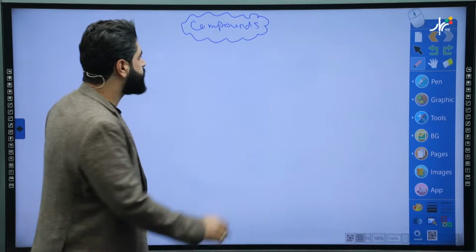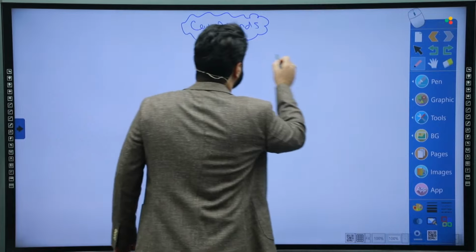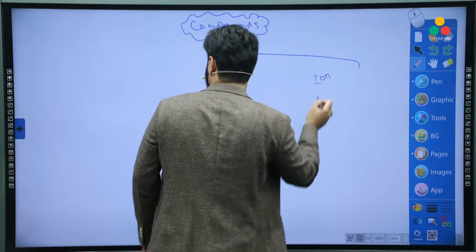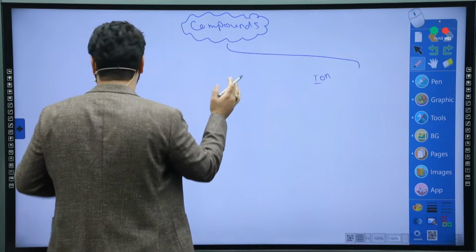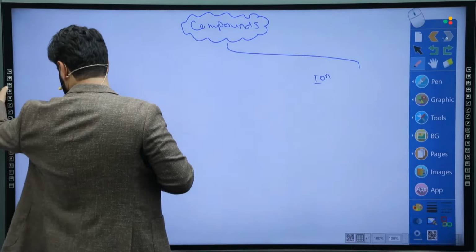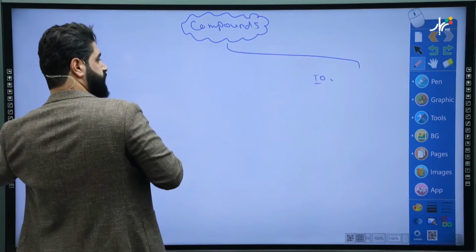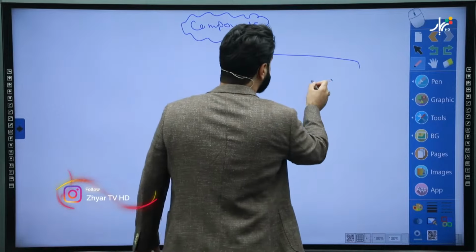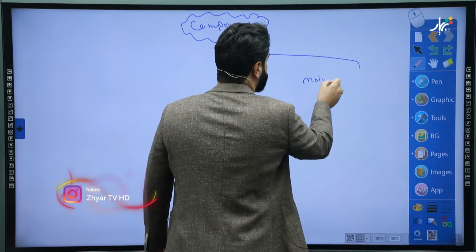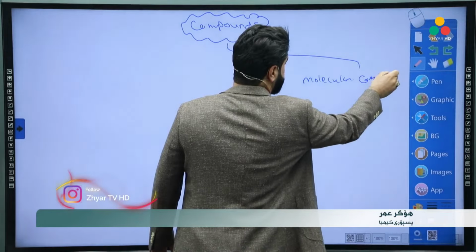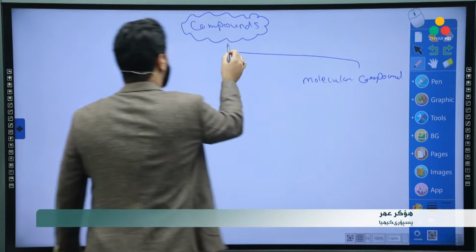Compounds are generally classified into two major classes, which are ionic and molecular. I prefer to write ionic on this side, okay? So compounds are classified into molecular compounds and ionic compounds.